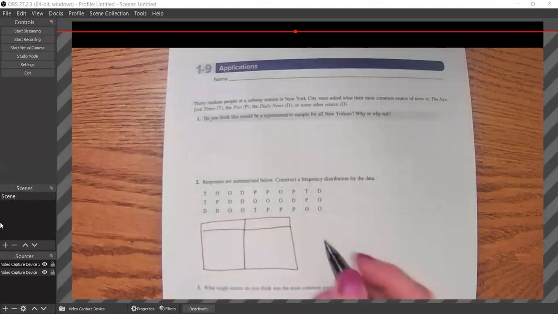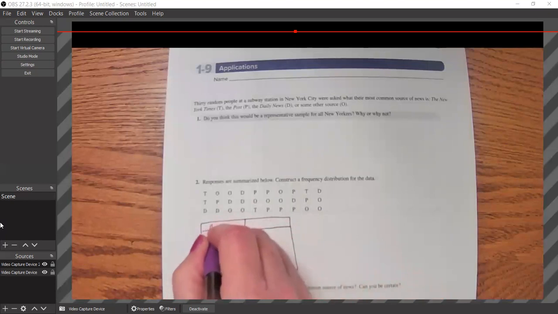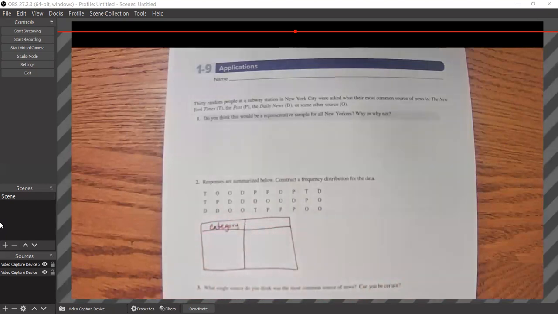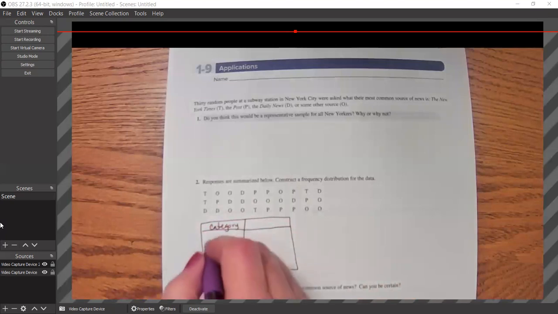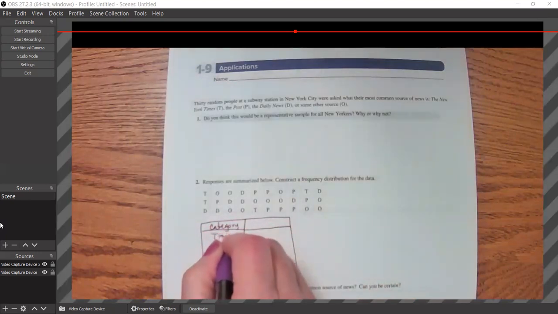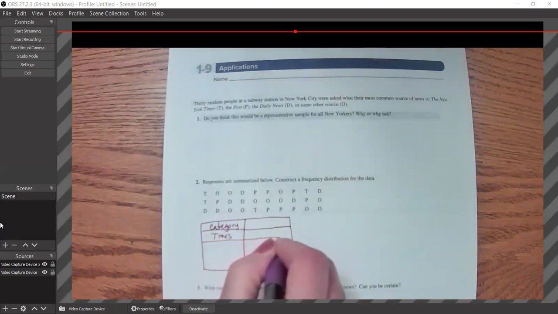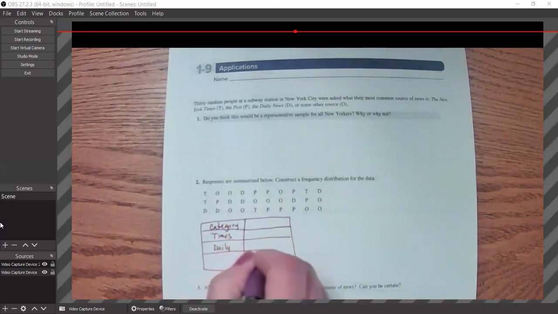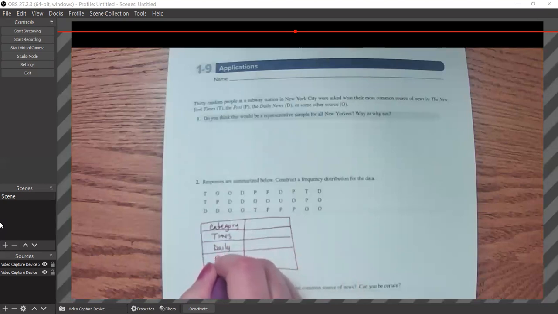First of all, we're going to have the category, or the news source, and there are 4 of them: the Times, the Daily News, the Post, and the last category we will call Other.